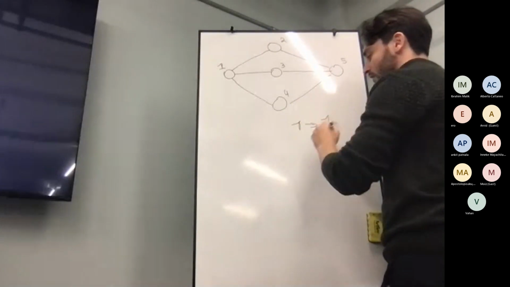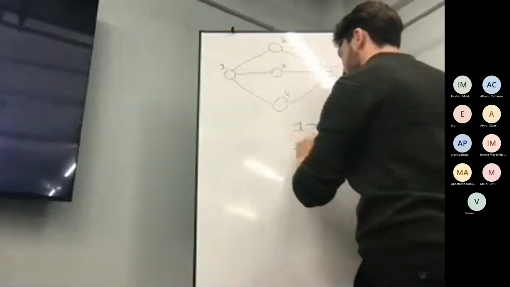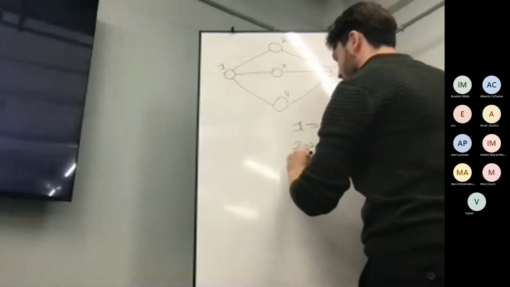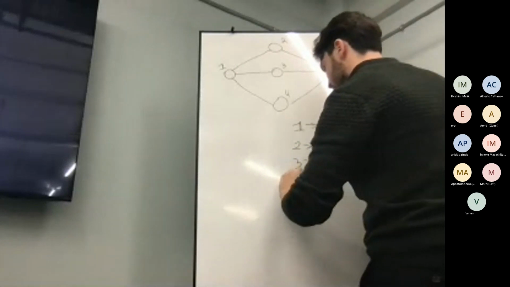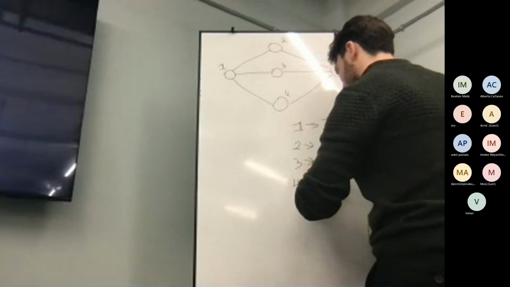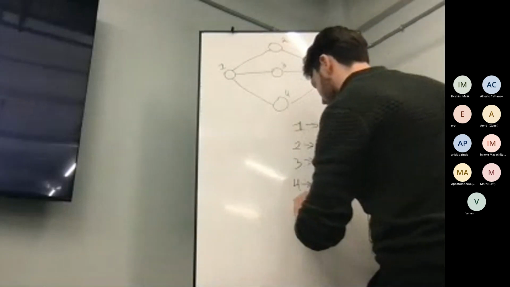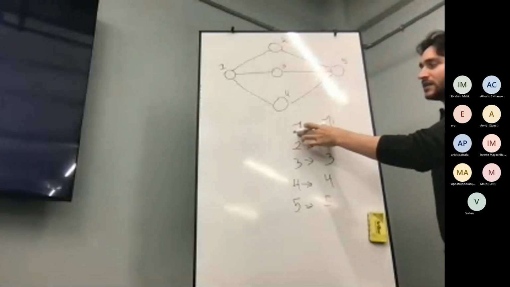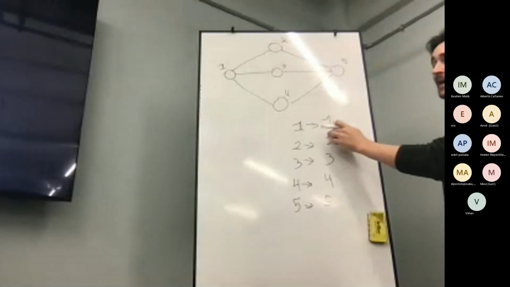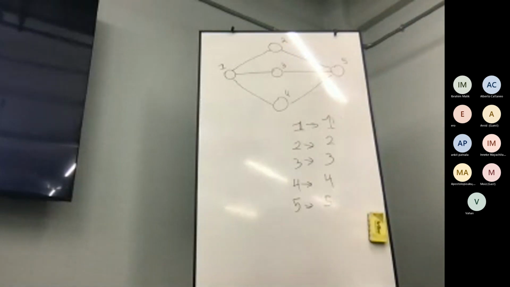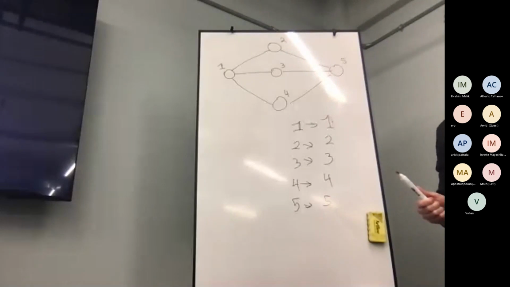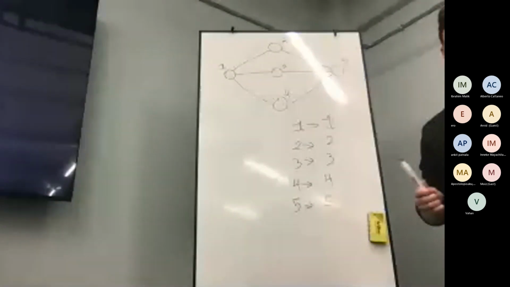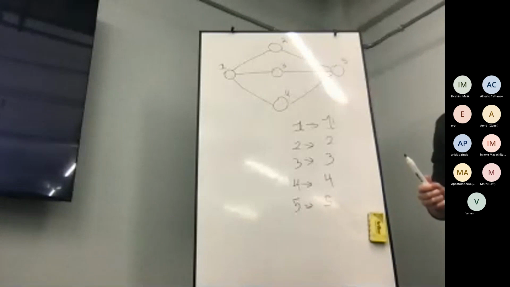Actually, this is an automorphism: 1 to 1, 2 to 2, 3 to 3, 4 to 4, 5 to 5. So an automorphism is a mapping, but the special thing that makes a mapping an automorphism of a graph is that the mapping maintains the same connectivity between the nodes in the graph.